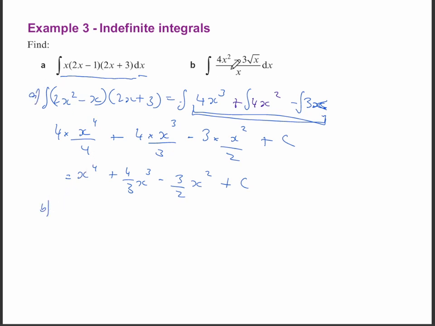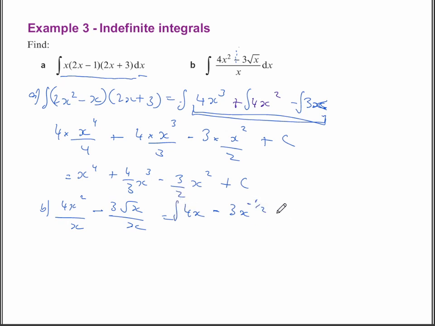For B, what we will do here is split the numerator. We will end up getting 4x squared over x minus 3 root x over x. This will give us 4x minus 3x power negative 1/2. And we have to find the integral of this with respect to x. This just means we find the integral of each of these.